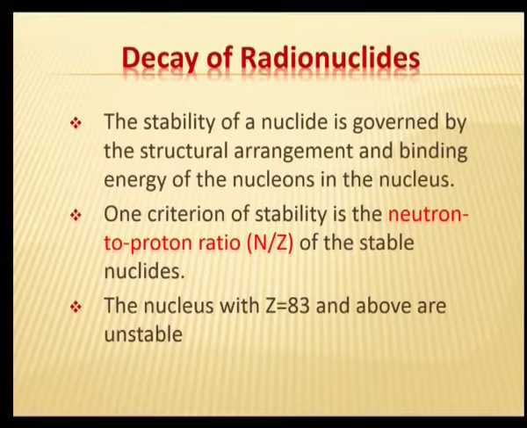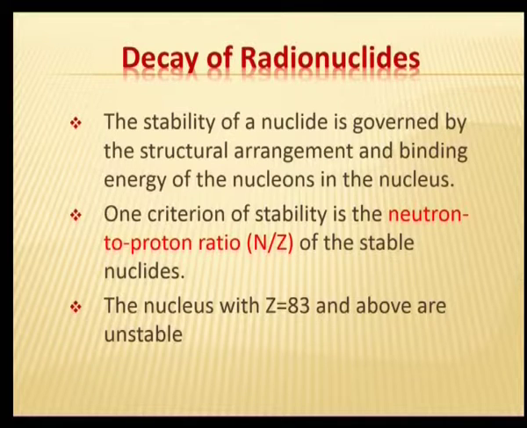N refers to the number of neutrons contained in the nucleus, and Z refers to the number of protons. It is the charge of the atom, the number of electrons, and the number of protons. So, N by Z is responsible for the stability of the nucleus. And again I will repeat, the nuclei with Z 83 and above are unstable. So, they will be responsible for natural radioactivity.